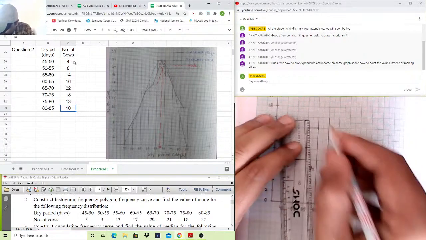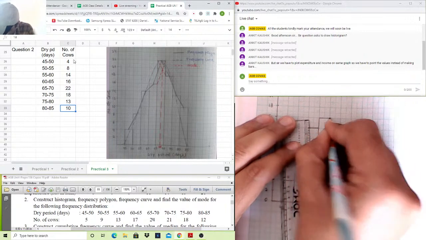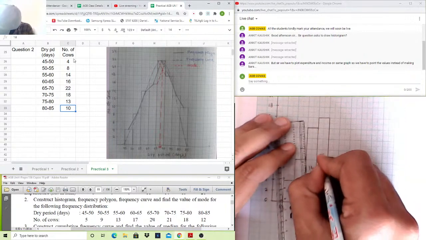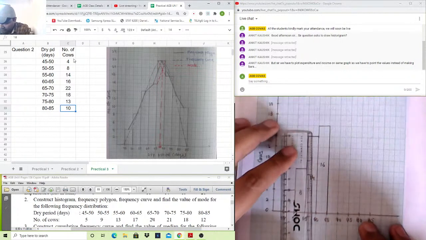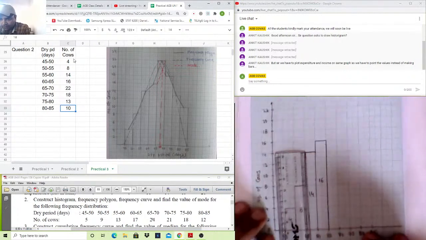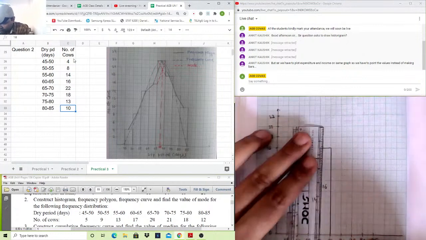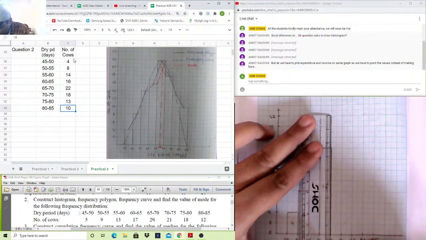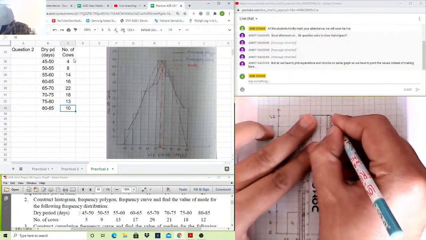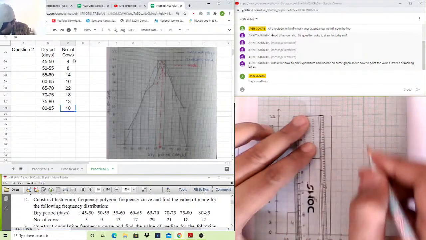Like this, you will make the bar. Then 65 to 70 is 22.